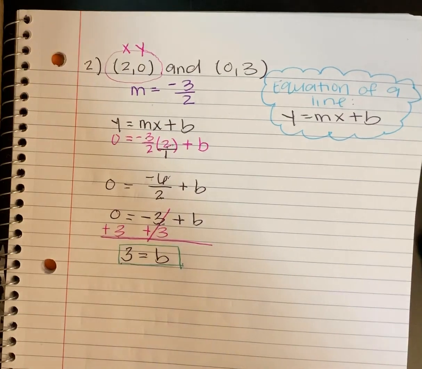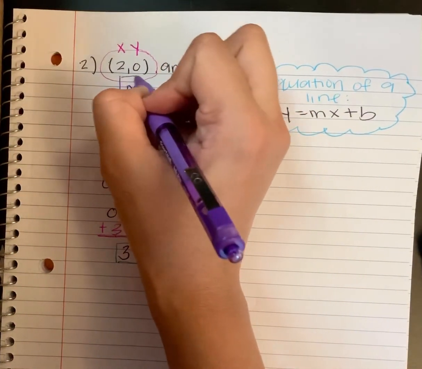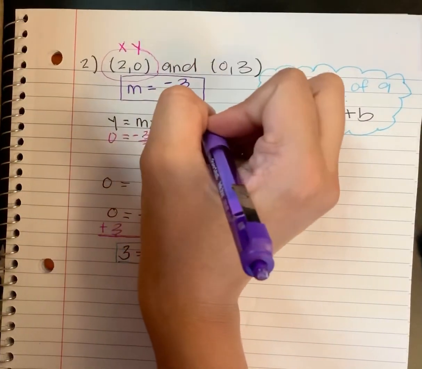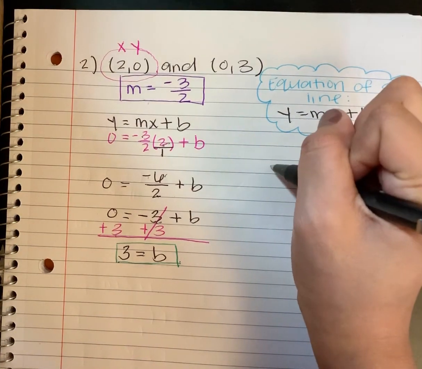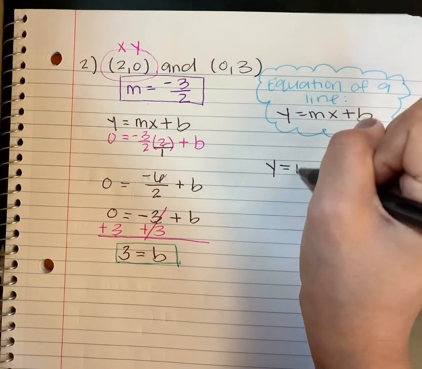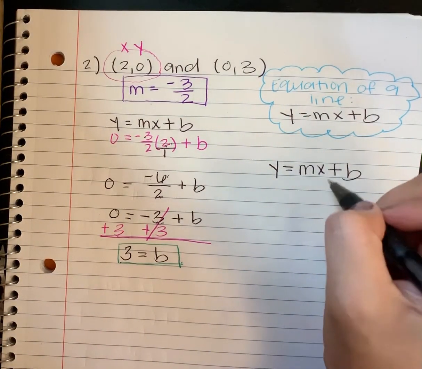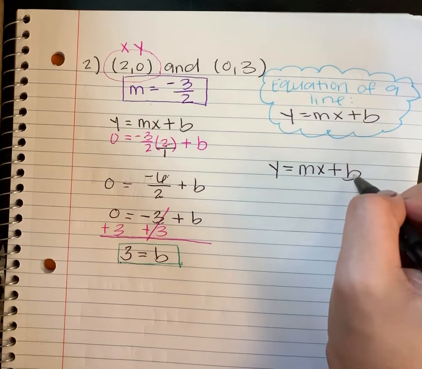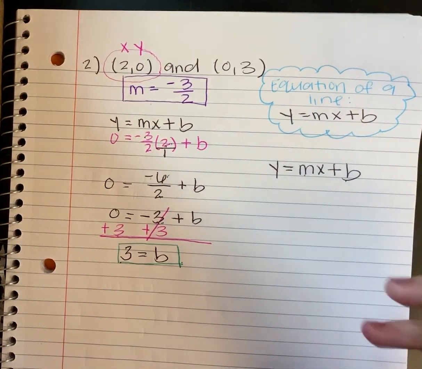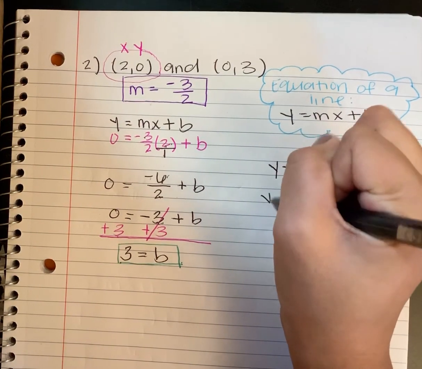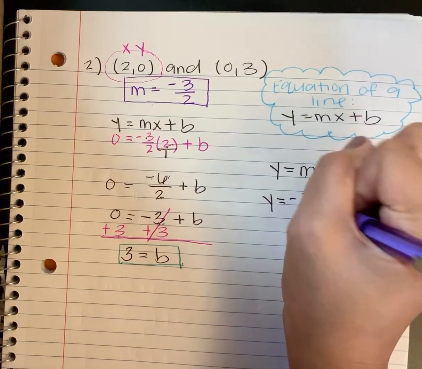So I have a b. I have an m. So now I can create my equation. Once again, my equation of the line is y is equal to mx plus b. So I need to plug in my m value, and I need to plug in my b value to get my equation. So y is equal, m was -3/2.